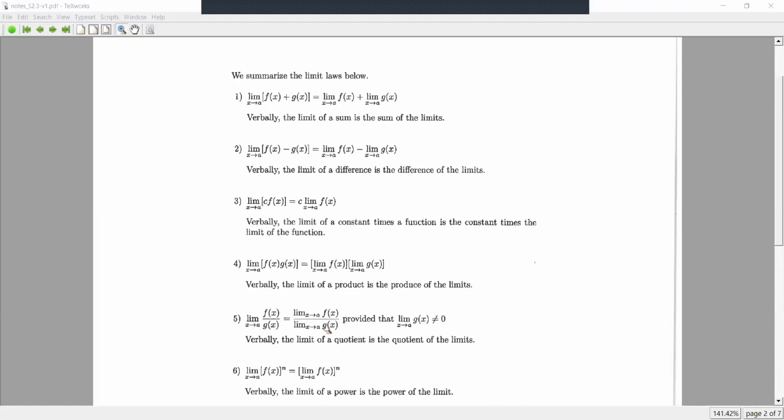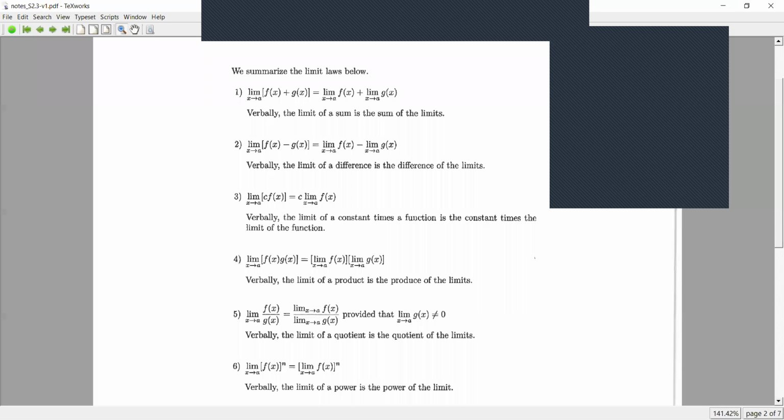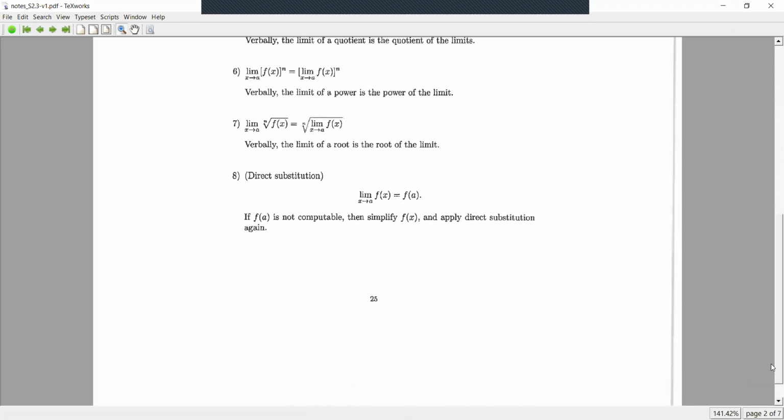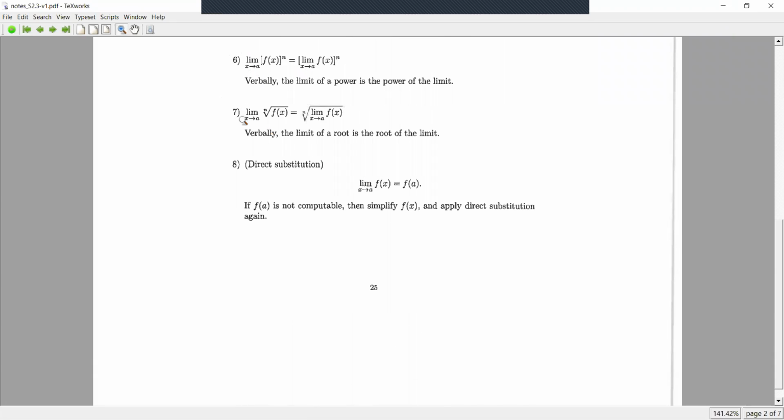Otherwise, a number divided by zero is not computable. Law number six is a power law. It says that limit of a power is the power of the limit. Law number seven is a root law. Limit of a root is the root of the limit.